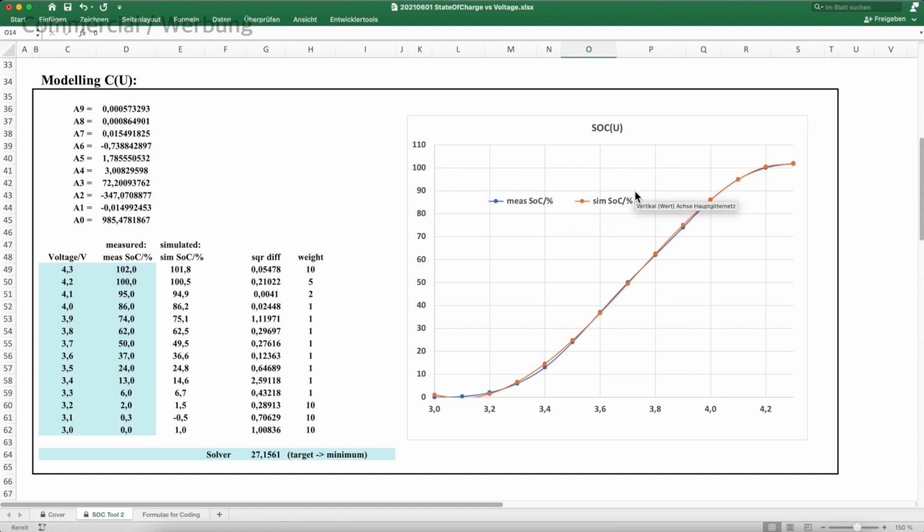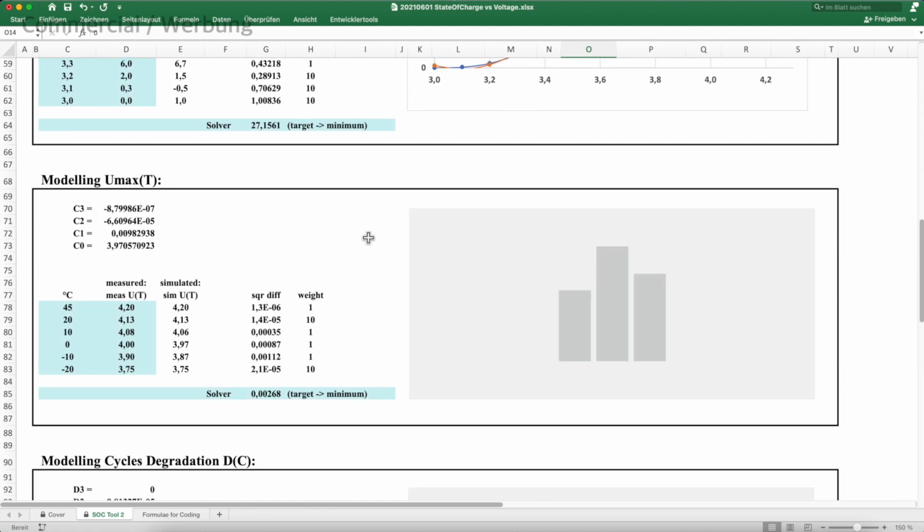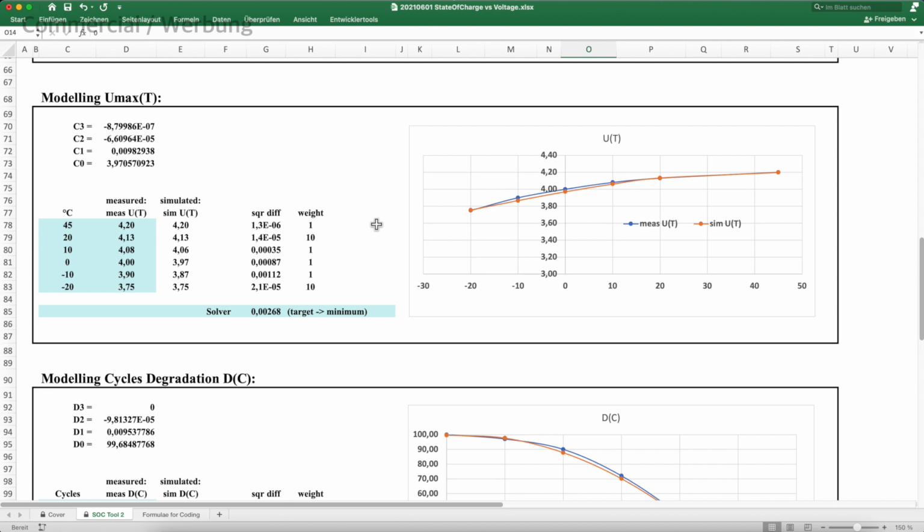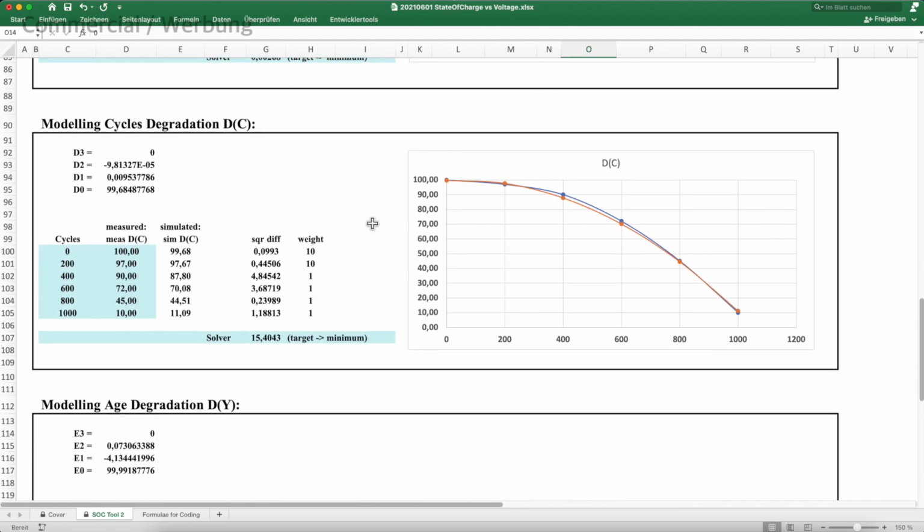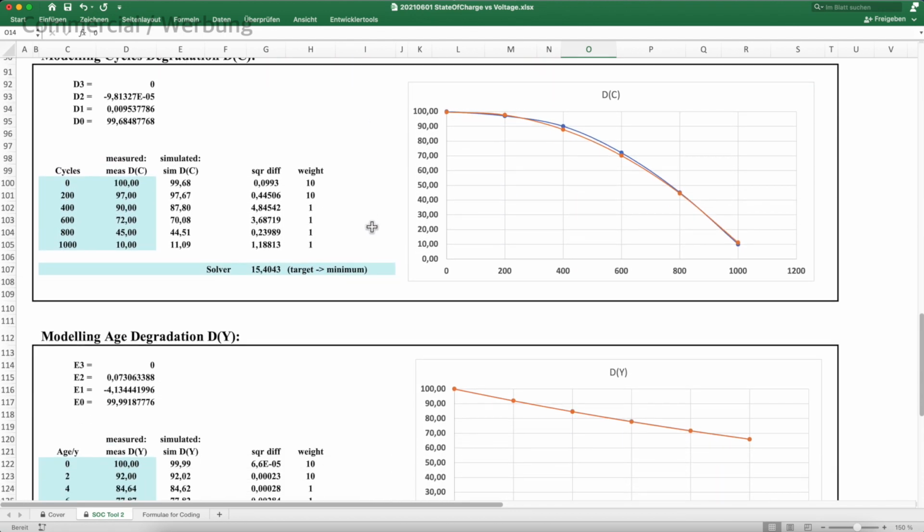The graphics is showing us the fit between the discrete values and the function that we found, applying the parameters in the upper section of this picture. This method is then also applied to all the other nonlinear characteristics that we were talking about, so that we can compute the state of charge for arbitrary inputs.